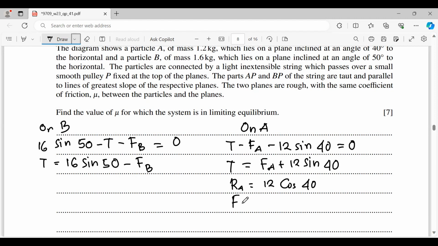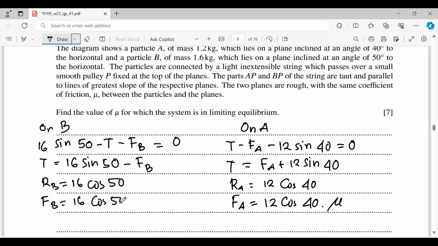Meanwhile, FA equals 12 cosine 40 times the coefficient of friction, mu. As well here, resultant B is 16 cosine 50, and force acting on B equals 16 cosine 50 times mu.